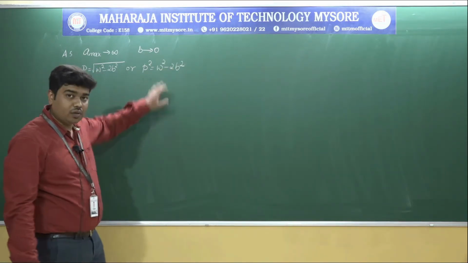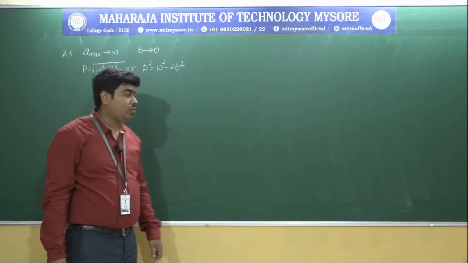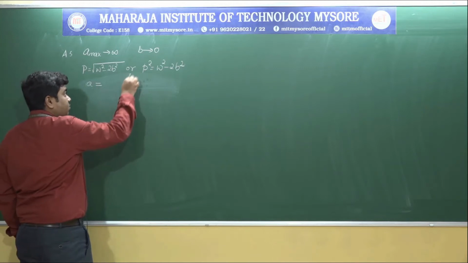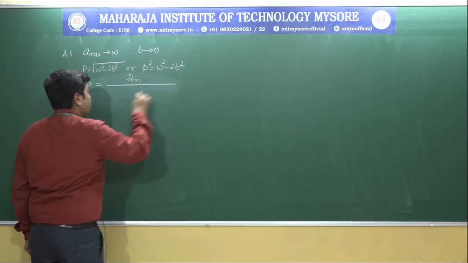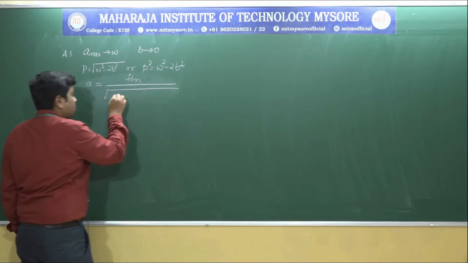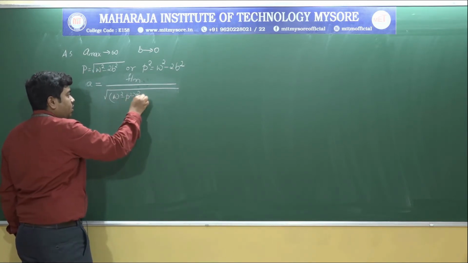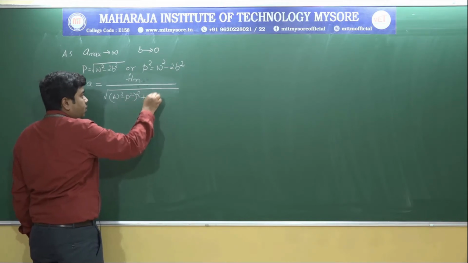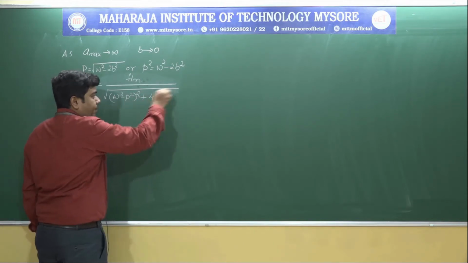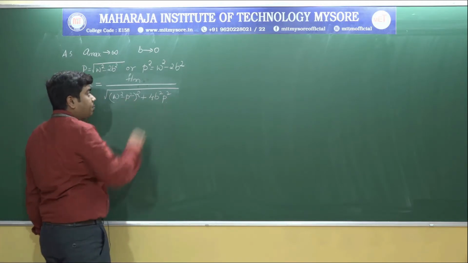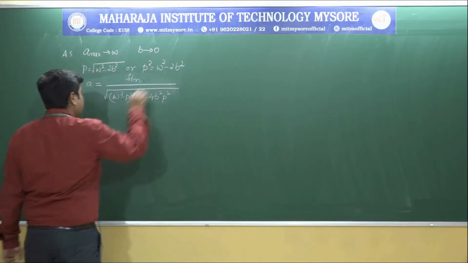Now this value of P square we'll substitute in the equation of the amplitude. We know the equation for the amplitude is given by A is equal to F by m divided by square root of omega square minus P square whole square plus 4b square P square. So whenever there is P square, we will substitute this value.